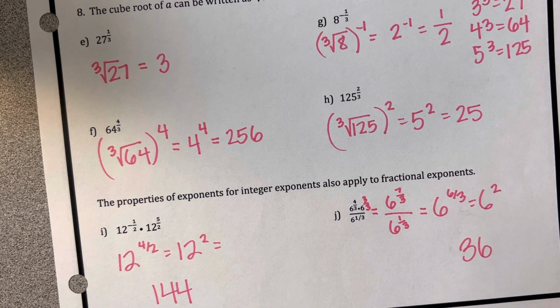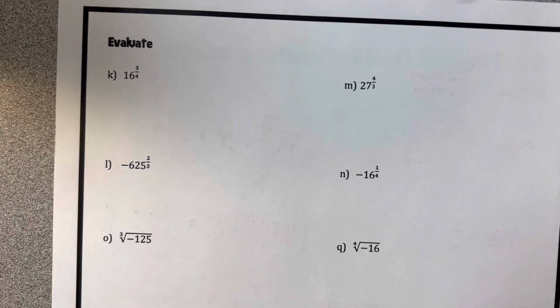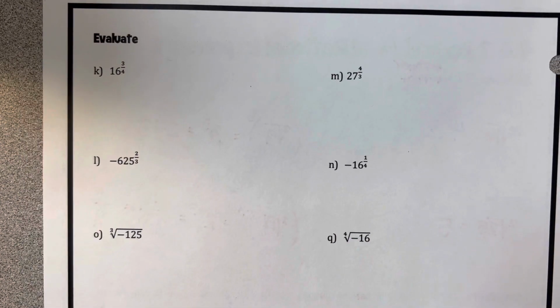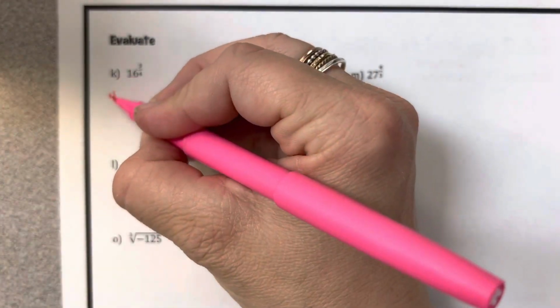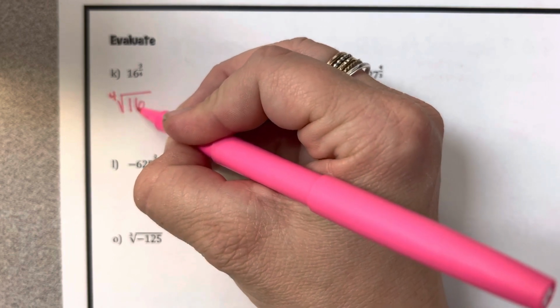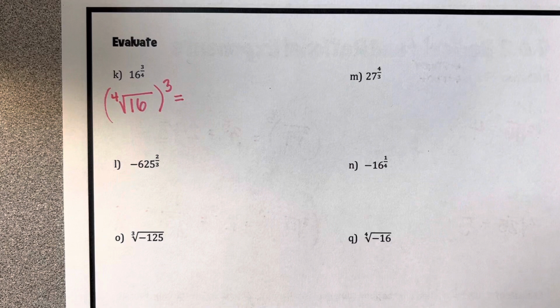Okay, let's flip our paper over and talk about a couple other scenarios. So 16 to the 3/4 power. So this means, let's think about it, the 4th root of 16 to the 3rd power. So what number times itself 4 times would be 16?